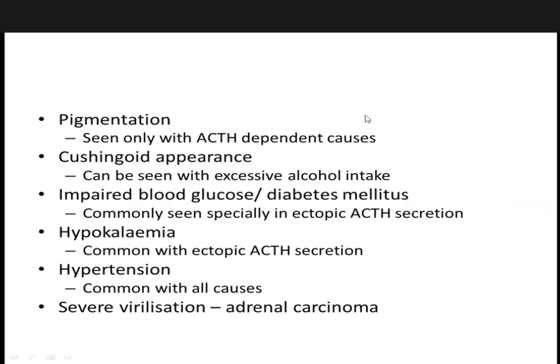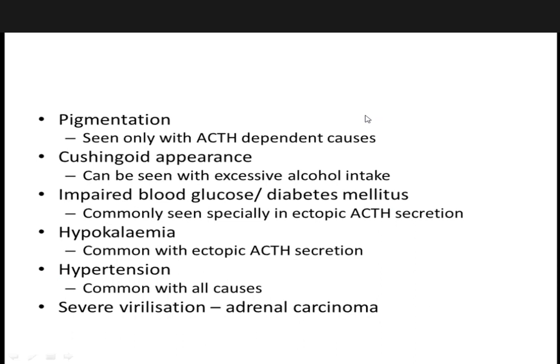This is seen only with ACTH dependent causes. So it can be either due to a pituitary issue, the pituitary gland secreting more ACTH, or it may be due to an ectopic ACTH secreting tumor.